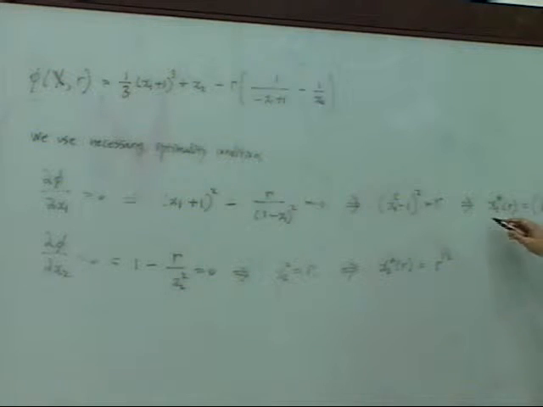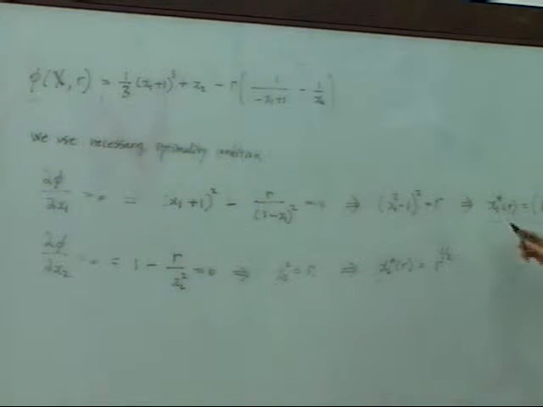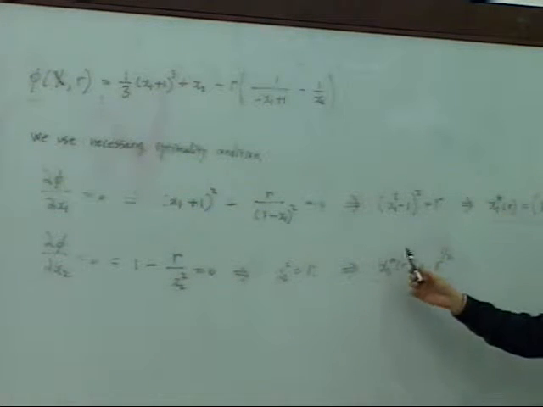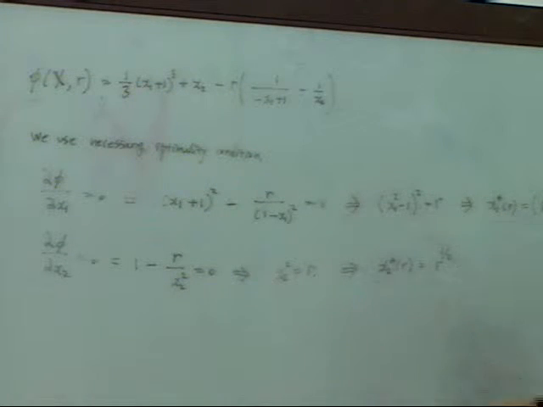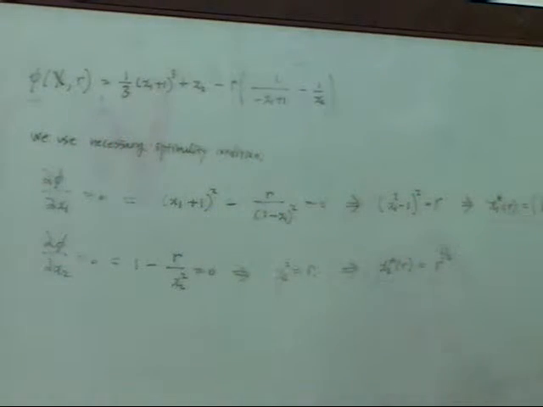Okay, this equation tells us that if we choose this x1 star and x2 star, then our new objective function phi will have its local minimum, right?